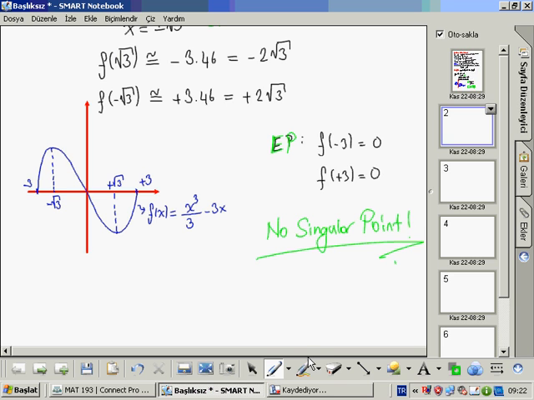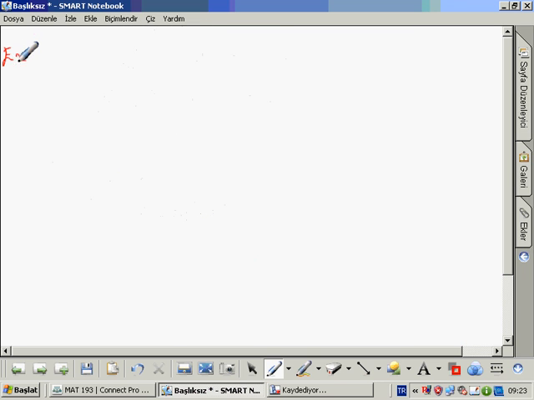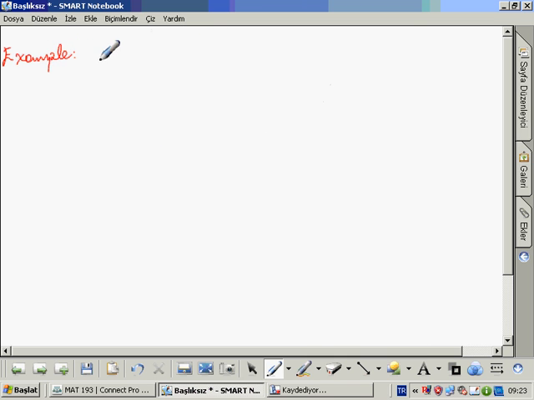And continue with another example. If f of x equals 1 minus absolute x, for the domain x an element of the closed interval minus 1 to plus 1.